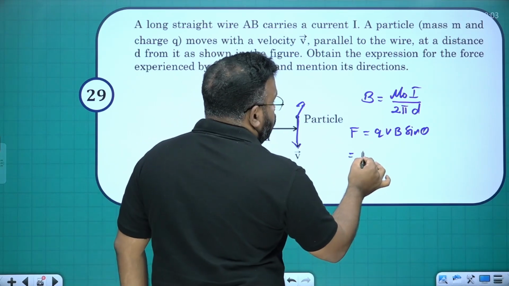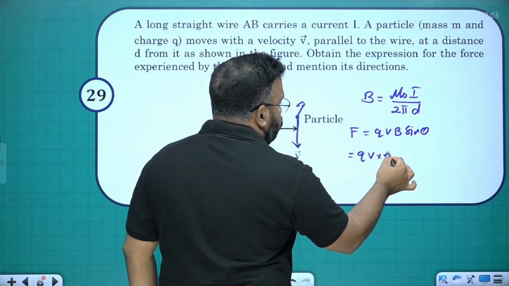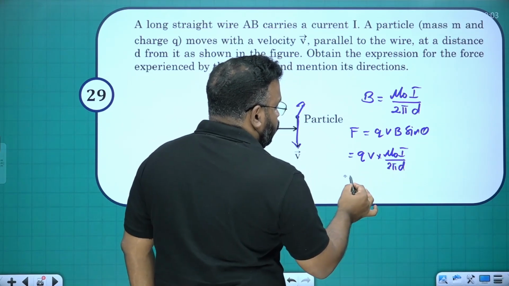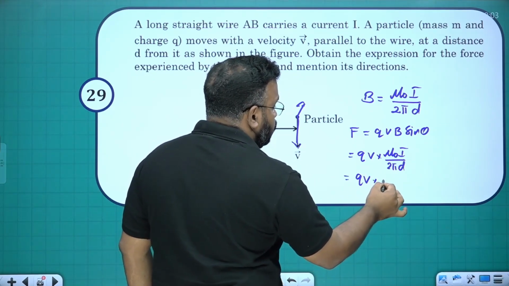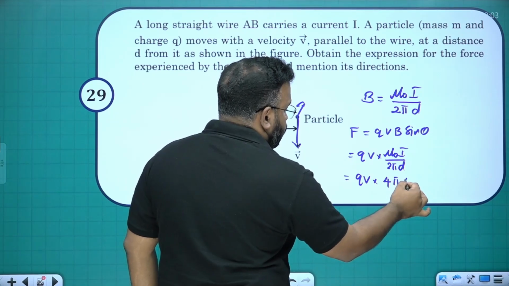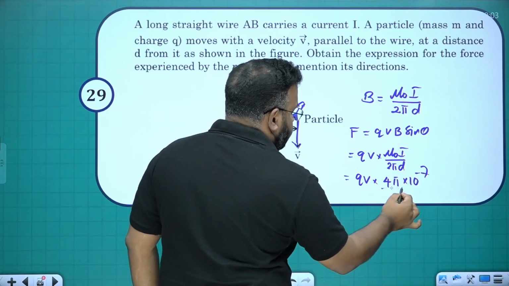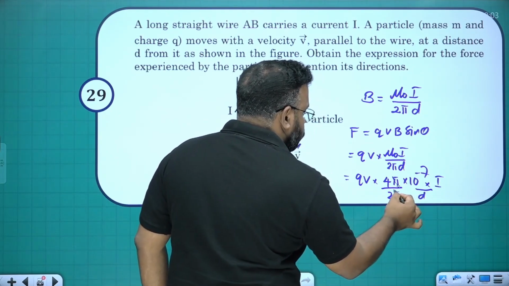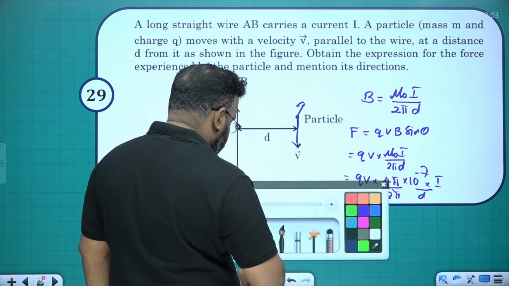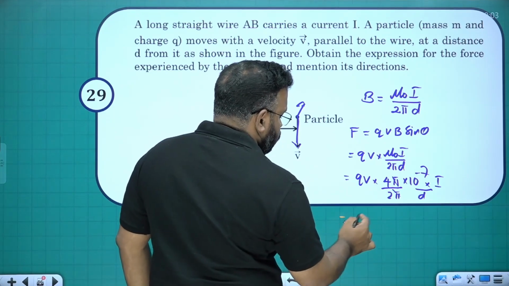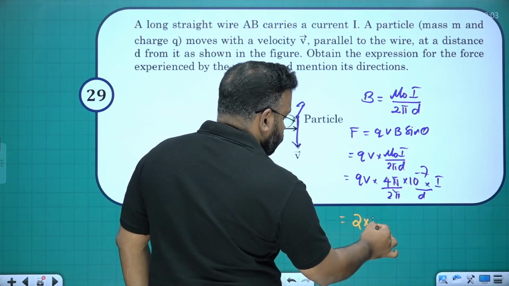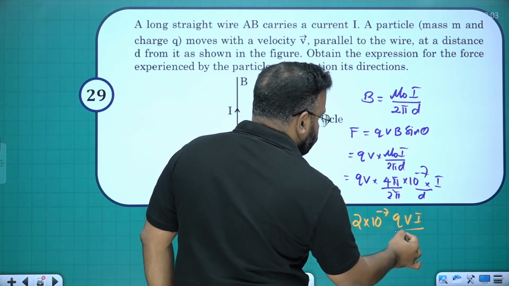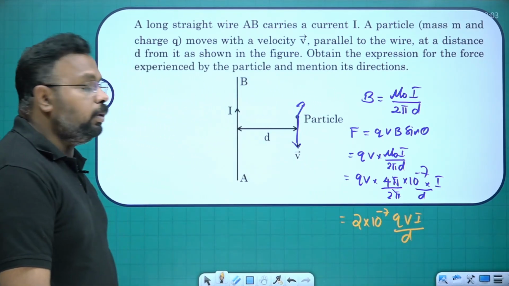Substituting B as mu naught I by 2 pi d, and mu naught as 4 pi into 10 power minus 7, we get 2 into 10 power minus 7 into q into v into I by d. Everything clear now? Yes.